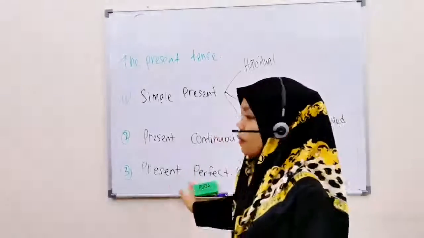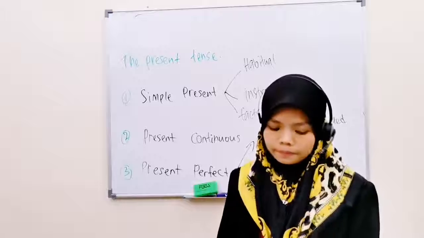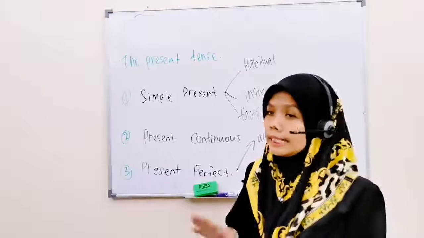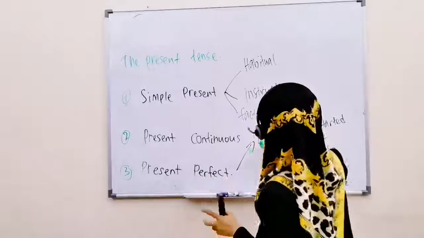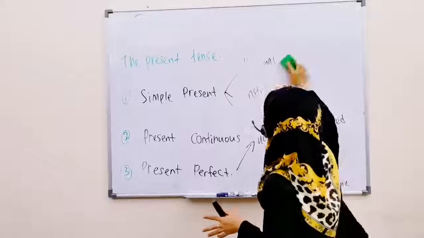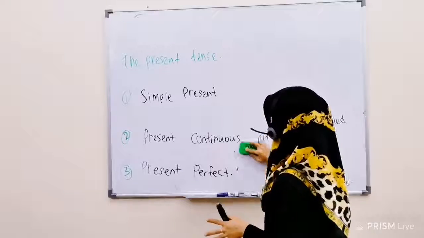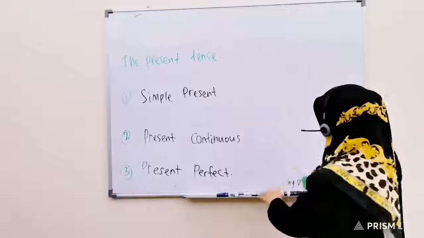Present perfect is also about past actions, past action with no specific time mentioned. There's no specific time mentioned in the sentence. For example, we use next. I will show you the sentences one by one.